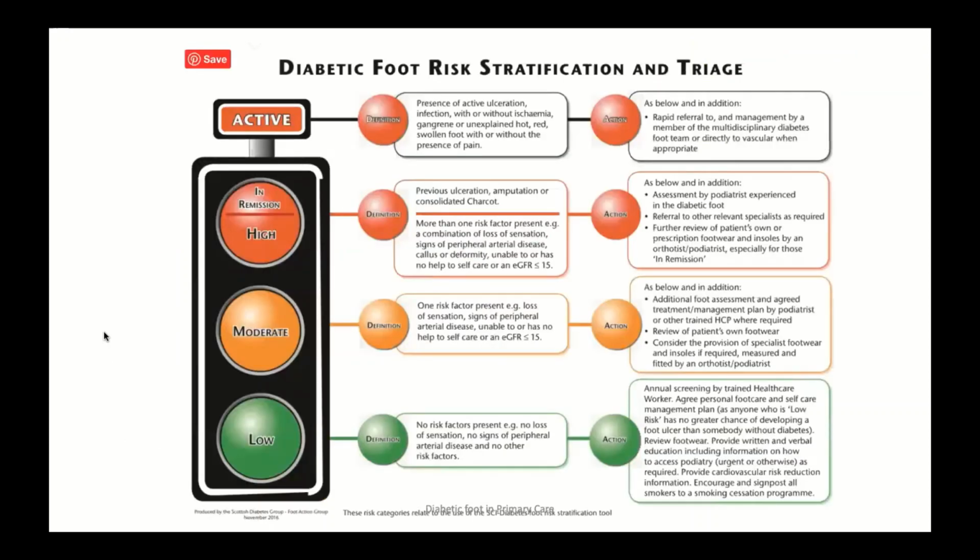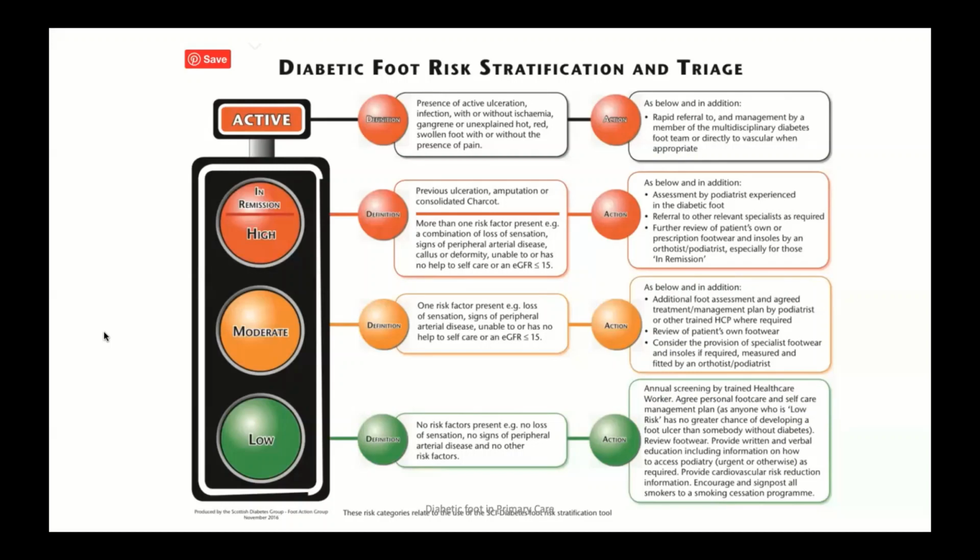So these components are the essential criteria you would look for when you see a patient with diabetes and look at their feet. If you look at this traffic light system of categorizing them into various risks of having a problem, I'll start from the lowest rung, the green color, as low risk.